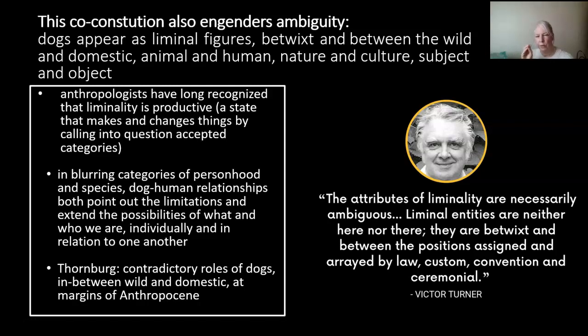The way that dogs interact with humans blur those species categories, and they point out both the limitations of our categories, that they don't quite capture what is going on, and also expand the possibilities for how we conceptualize what it means to be human or what it means to be dog.